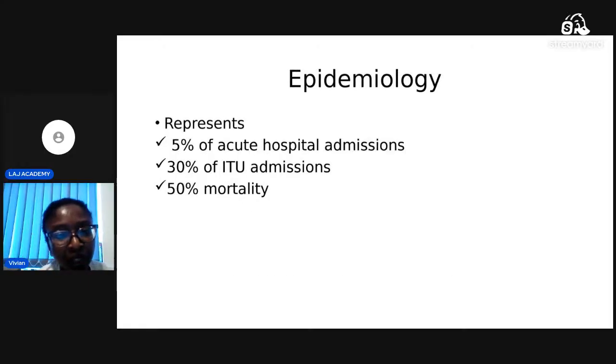The epidemiology: AKI contributes to about 5% of acute hospital admissions and about 30% of intensive treatment unit admissions, and has a 50% mortality rate.